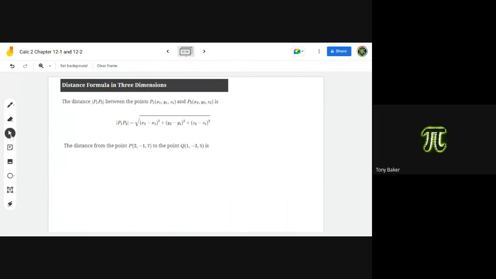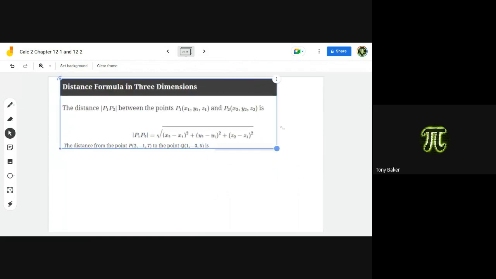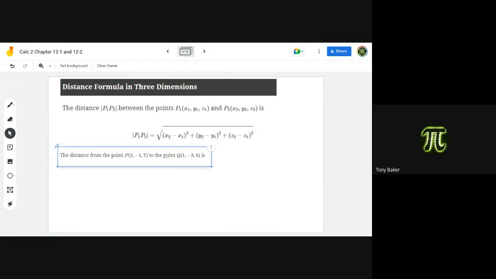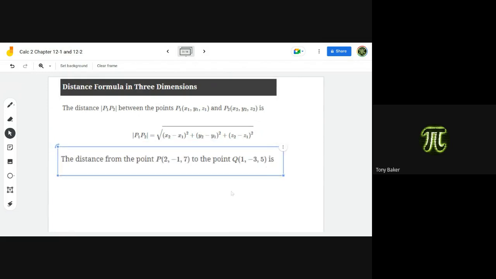One thing that you do use quite often is the distance formula. Typically you subtract the x's, square it, subtract the y's, square it, and take the square root. It's in essence the Pythagorean theorem. When we expand that to 3-dimensional space, it's the exact same thing, except you also have to add the z in.